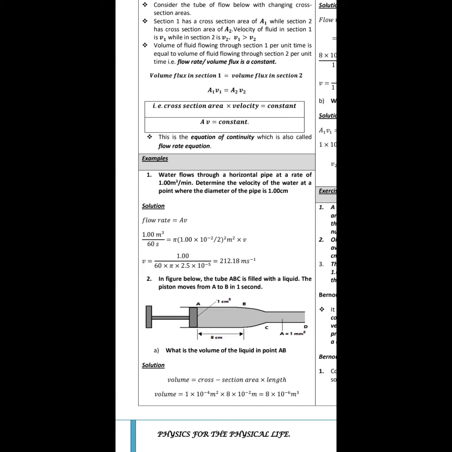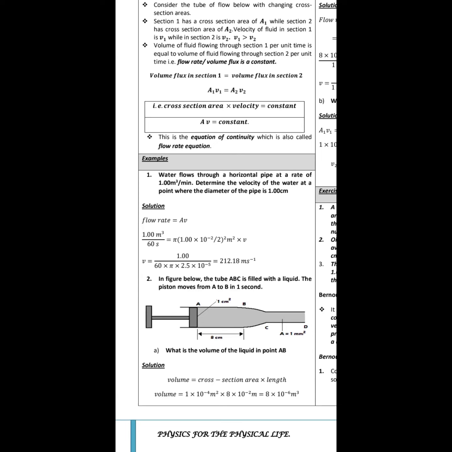Then we already have the volume of the liquid in point AB, which is 8 multiplied by 10 raised to -6 cubic meters over time. The time was 1 second.